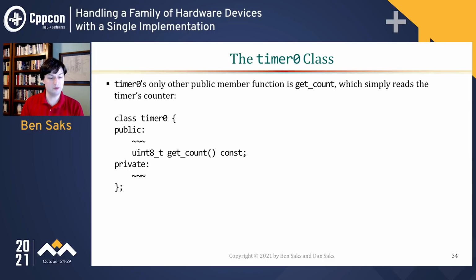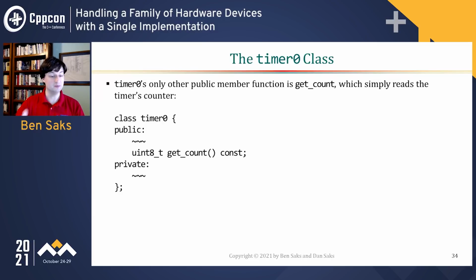We have our other public member function, because most of what timer 0 is doing is really setting up the interrupt trigger. And that's in some ways the interesting thing. But our other public member function is the get count function, which just tells us what's the timer's current counter value.